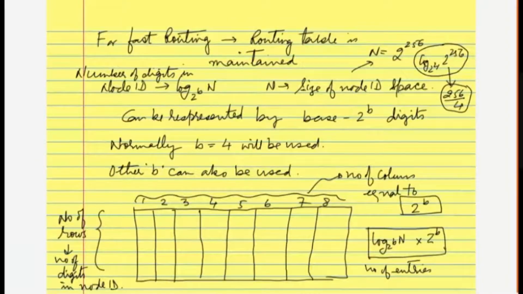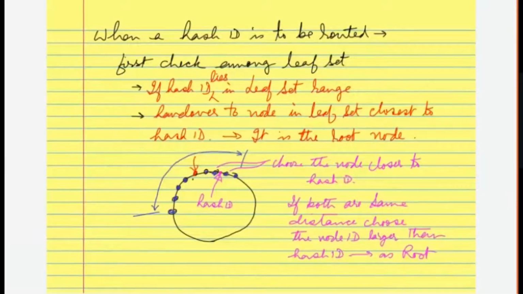Now coming to how the routing table is built. For fast routing, the table has to be maintained, because in fact you don't need a routing table. You can actually work without one, because you can keep on passing through these leaf sets, but every time you can jump at most by 4.